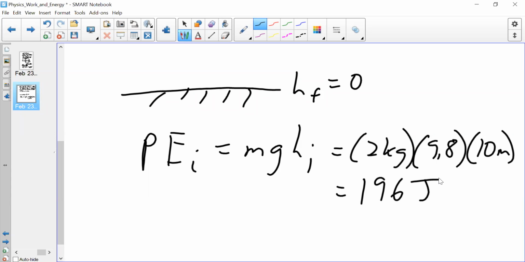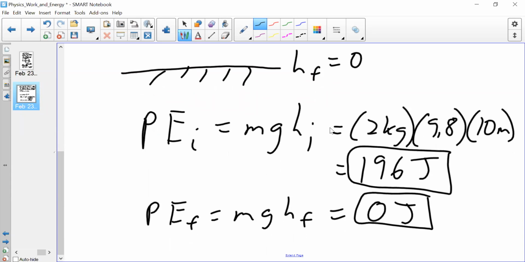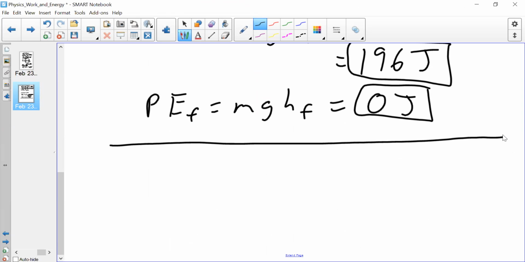And so now we haven't dropped it yet, but we know that the potential energy at the bottom, going from hi equals 10 to h final equals 0, we know immediately that's going to be 0, because 0 times anything, right? So that's our potential energies between the starting point and the final point. Okay, so now we define what the potential energies are at those 2 points.